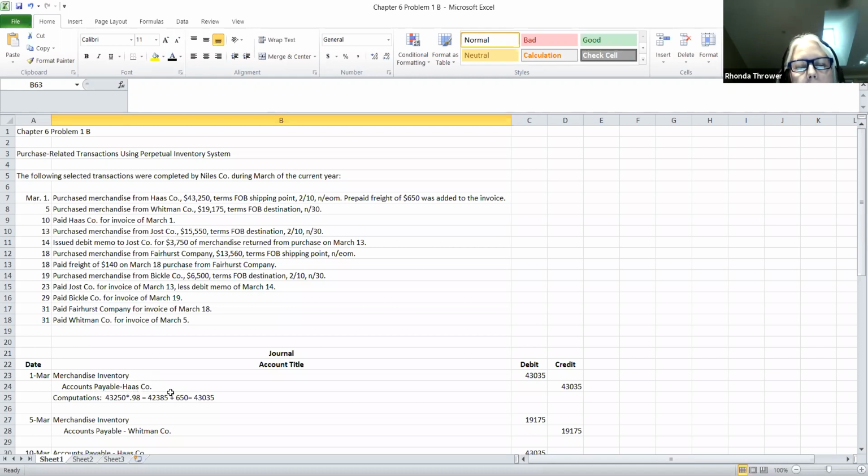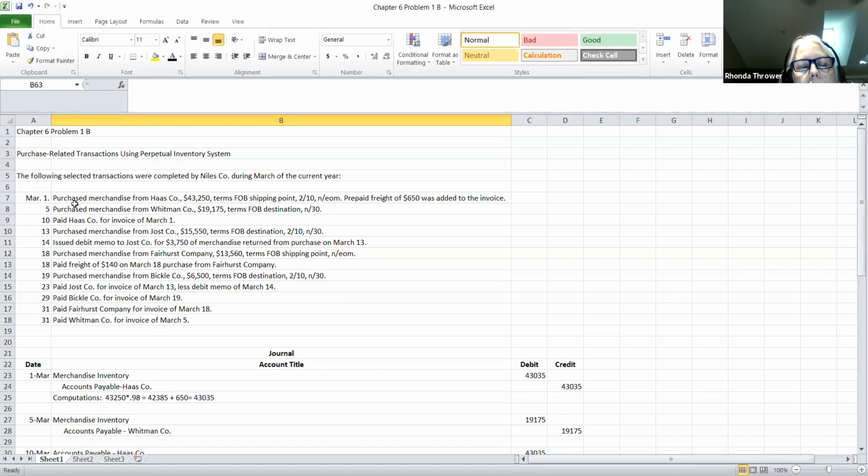The amount that we owe Haas company is 43,035. We would want to know as a company how much we owe to our creditors and who our creditors are, so it's kept in a separate book that we call a subsidiary ledger. So I thought I would just throw that in at you.